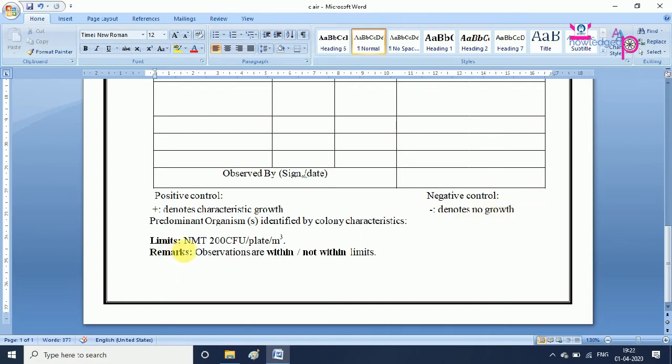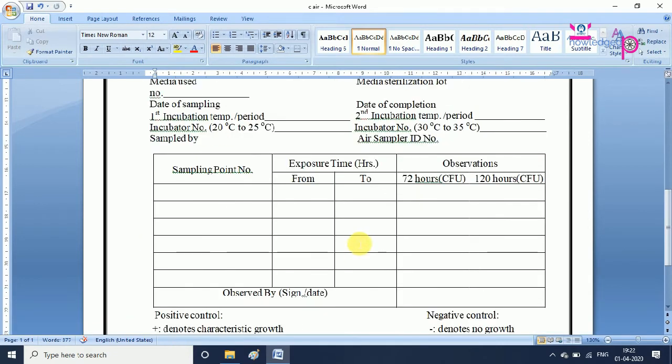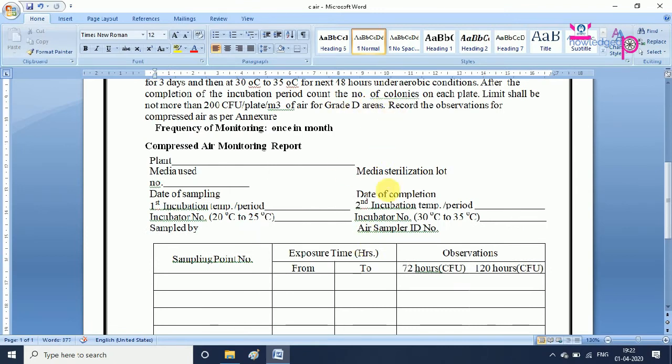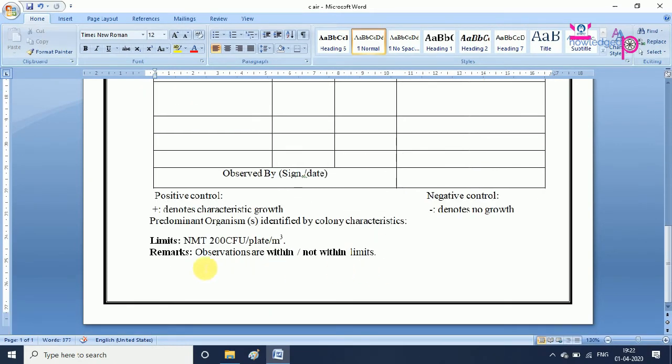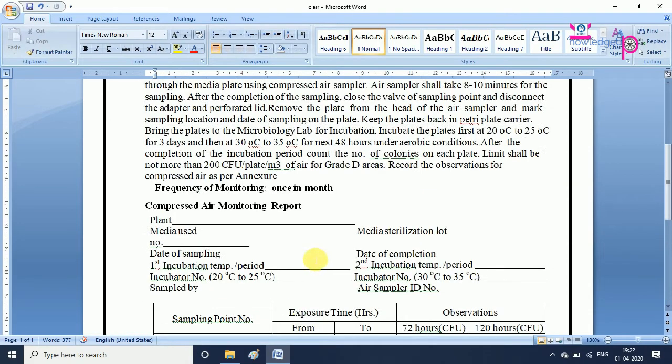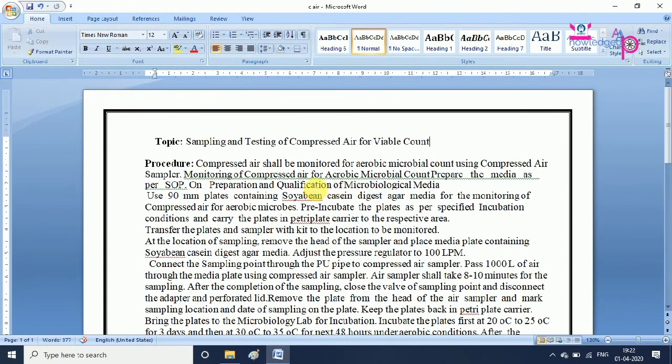The limit is not more than 200 colony forming units per plate per cubic meter for manufacturing grade D. Remarks: observations are within or not within limits. And this is the whole video for sampling and testing of compressed air for viable count.